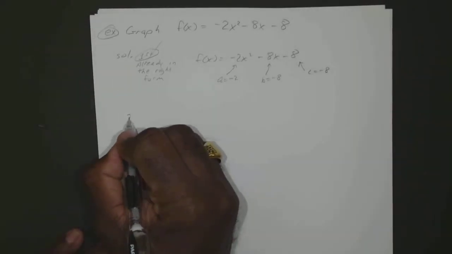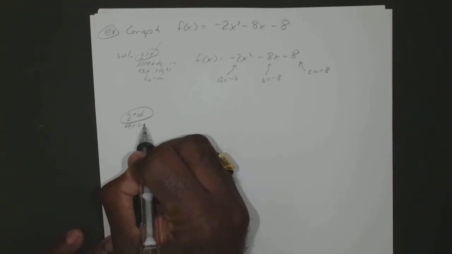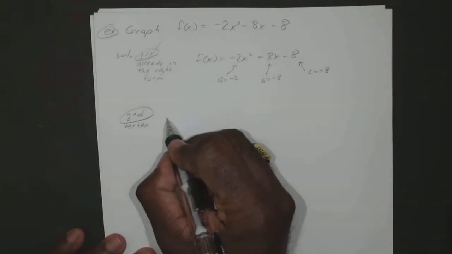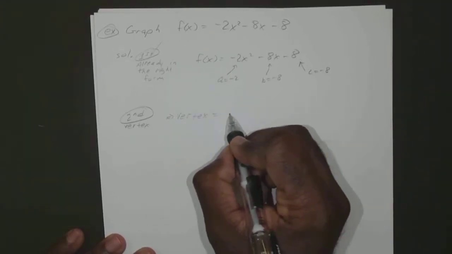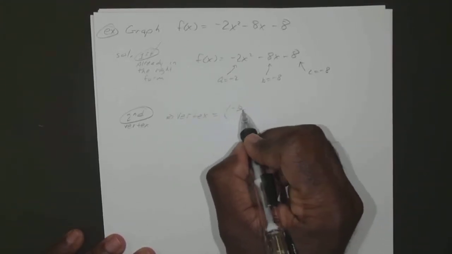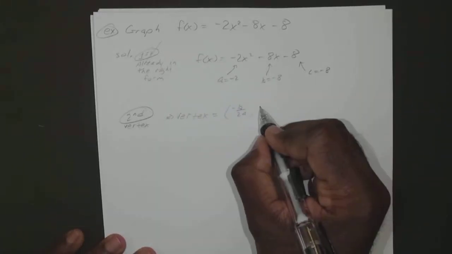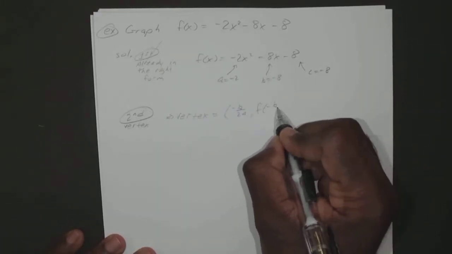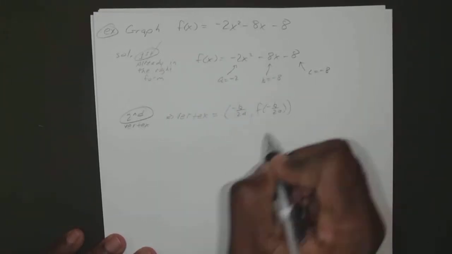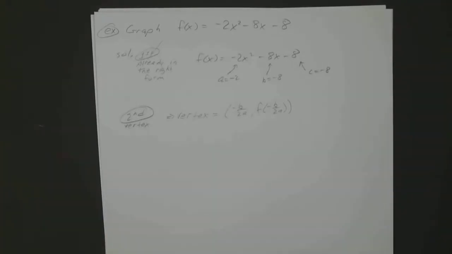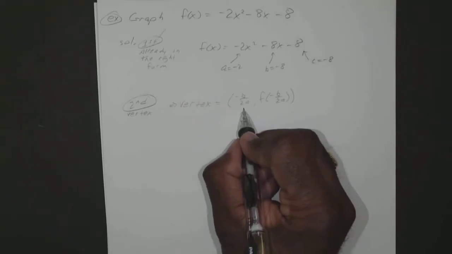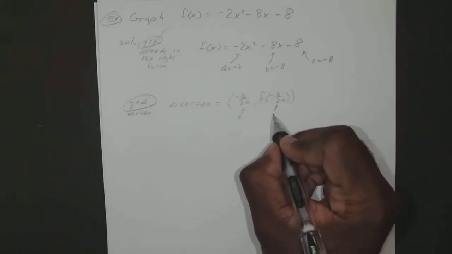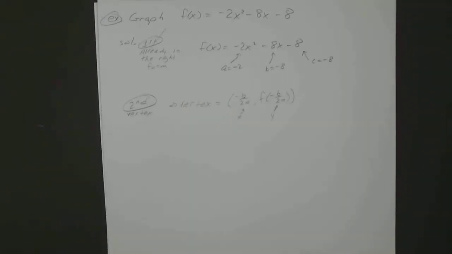Okay, now your second step, we know that your vertex is equal to negative b divided by 2a over f of negative b divided by 2a. Remember, this is going to be your x, and this is going to be your y of your vertex.